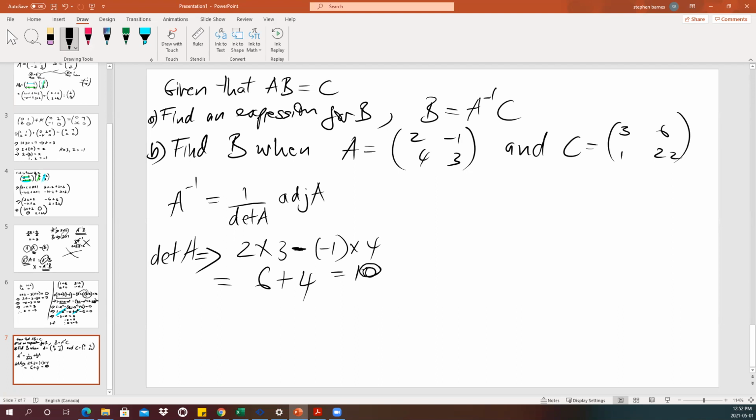We need now to find the adjoint. Draw a bit of a dividing line. The adjoint of A is just to switch the places of the leading diagonal elements. So put 3 here and put 2 here.